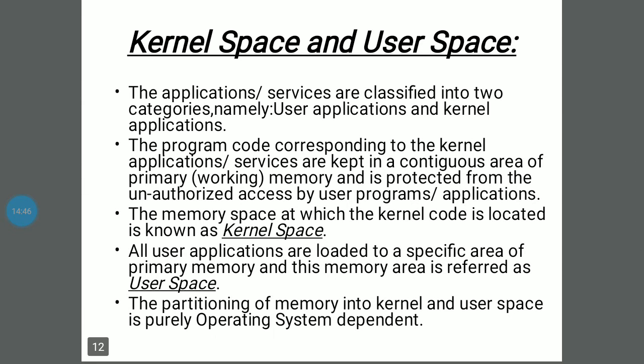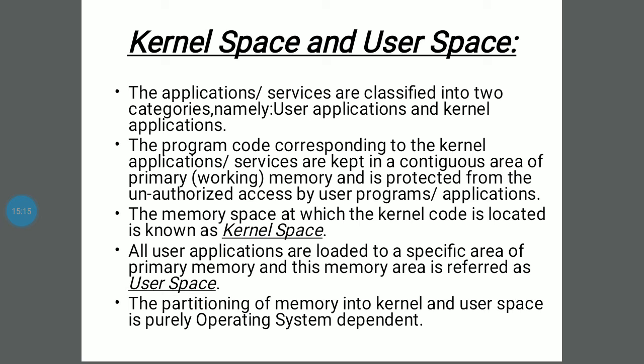Next, kernel space and user space. The applications and services are classified into two categories, namely user application and kernel application. Whatever services there are will be divided into two groups: one is user application and the other is kernel application. The program code corresponding to the kernel application or services is kept in a contiguous area of memory and is protected from unauthorized access by the user programmer application.